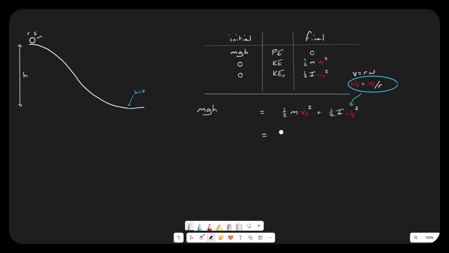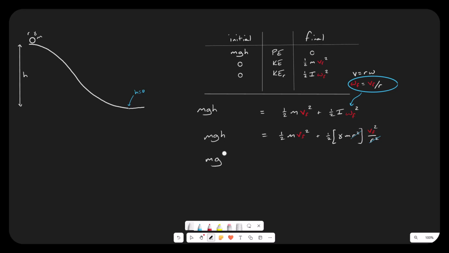So over here I'm going to get a half m v final squared plus a half I, which is gamma m r squared, times omega final squared. So v final squared over r squared. Well, I have an r squared here that can cancel with an r squared here.